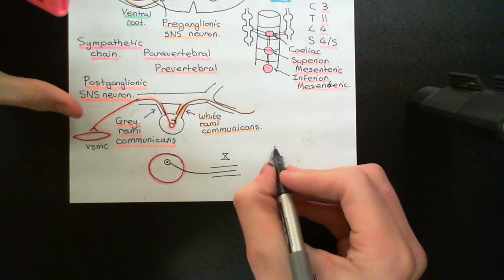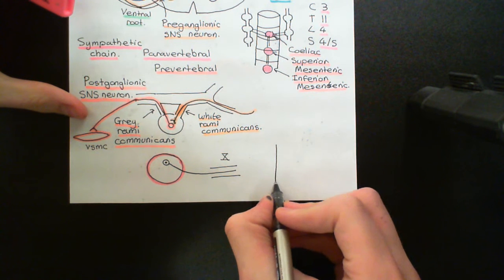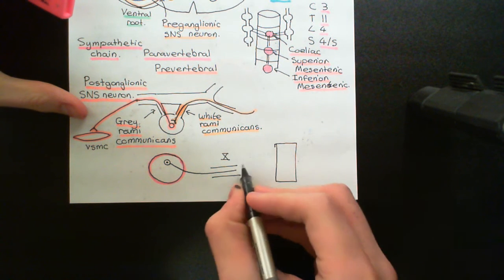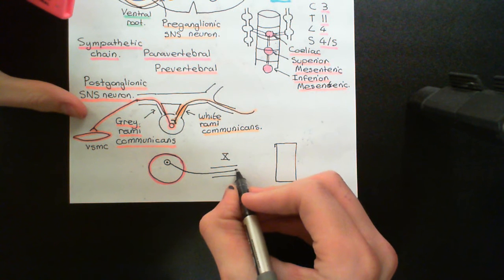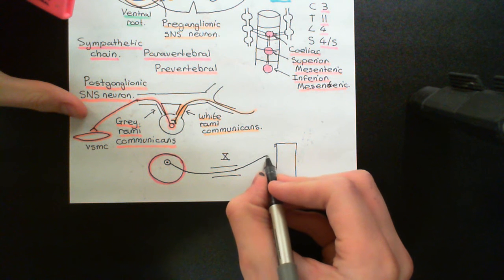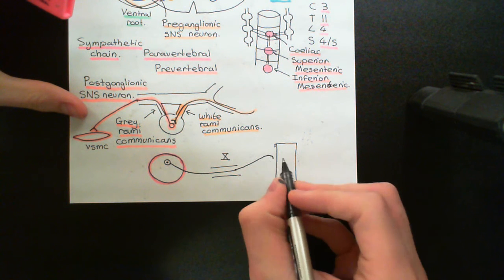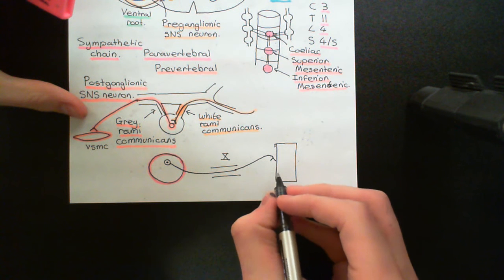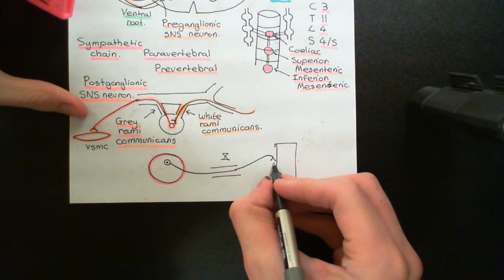If I now draw the heart here, so let's say this is a cardiomyocyte, then once the axon of the preganglionic parasympathetic neuron has reached the heart, it's going to synapse onto a postganglionic parasympathetic neuron at the heart.